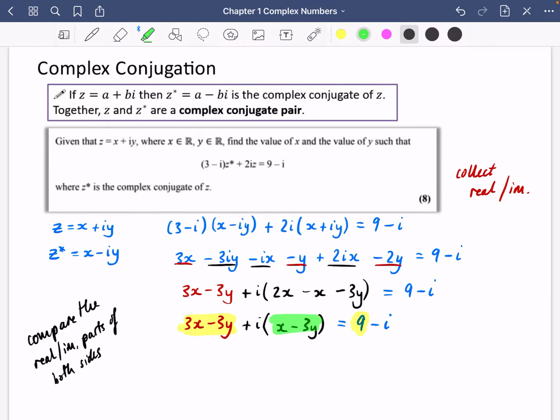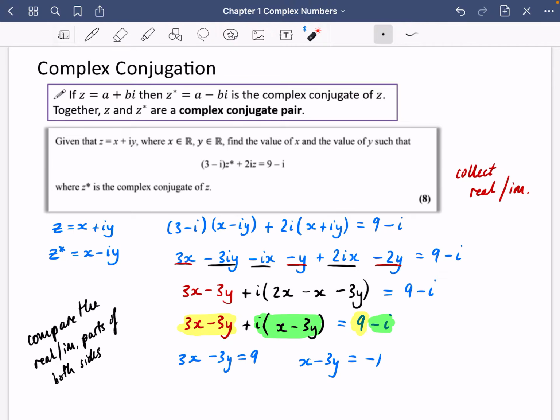And the imaginary part on the left-hand side must be equal to the imaginary part on the right-hand side. So we know that 3x minus 3y must be equal to 9. And we also know that x minus 3y must be equal to minus 1. I've ignored the i here and here, but just take note that it's minus 1 that we've got here.